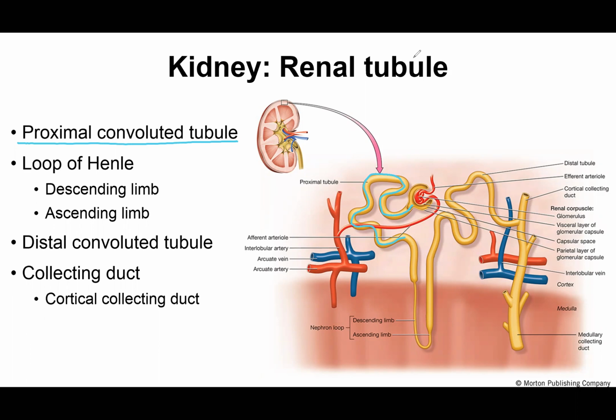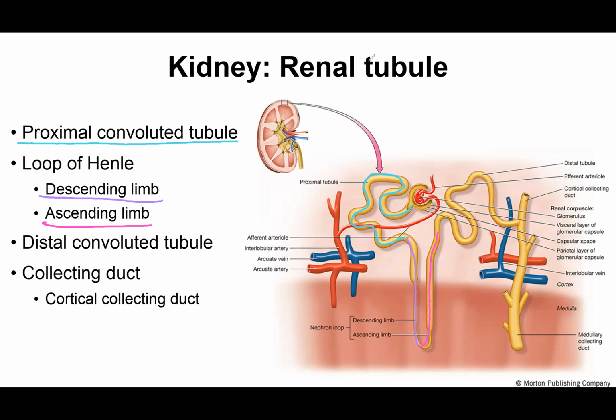And then from here, we're going to go into what's called the loop of Henle, also sometimes called the nephron loop. But we have two limbs. First, we're going to go down, which is called the descending limb. And then we're going to go back up via the ascending limb.